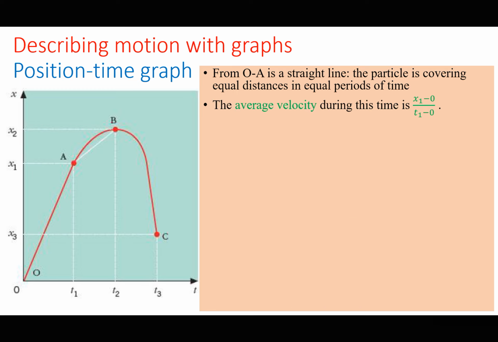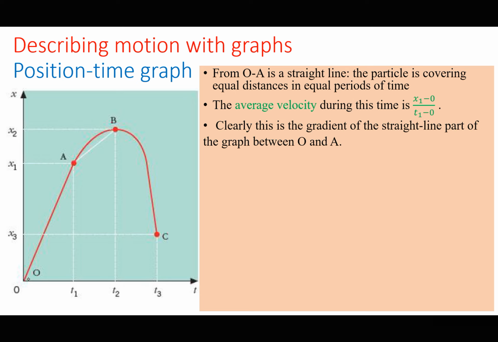So that means the average velocity along O to A would be x1 minus 0 divided by t1 minus 0, and this is going to be a constant value. Clearly, this is the gradient of the straight line part of the graph between O and A. If I'm trying to find average velocity, I just get the final point minus the initial point to find the displacement.